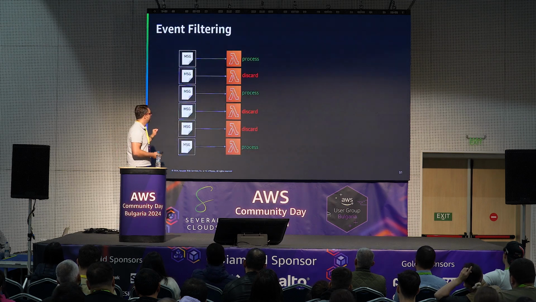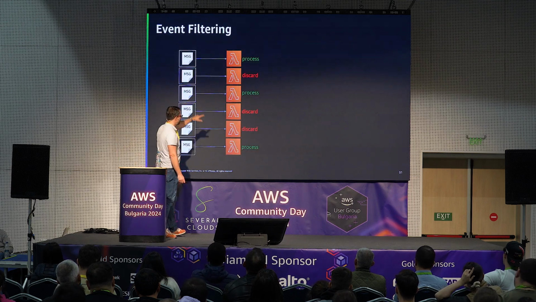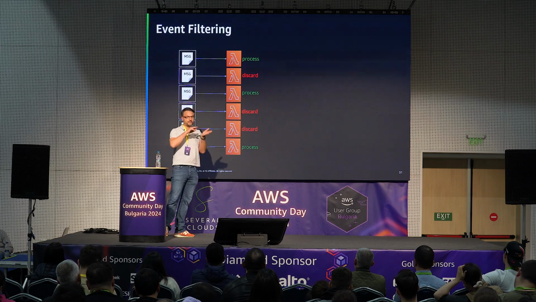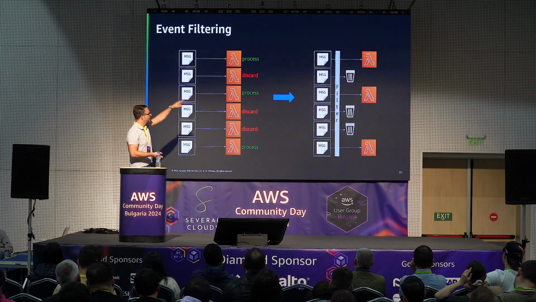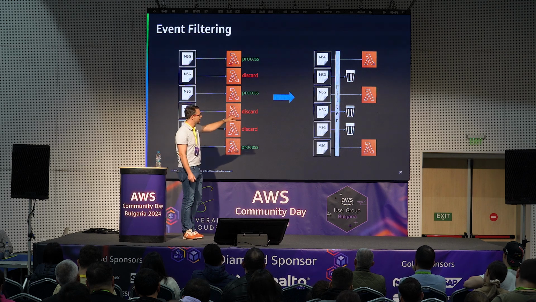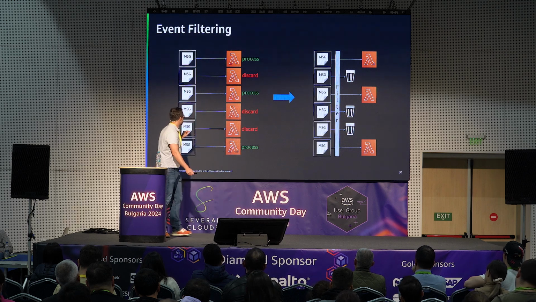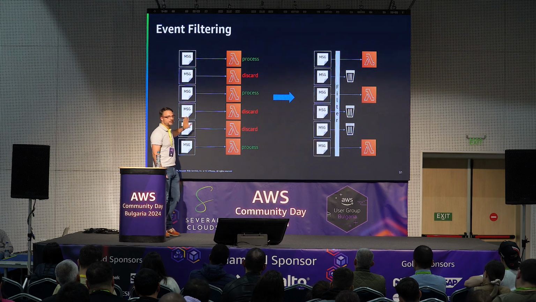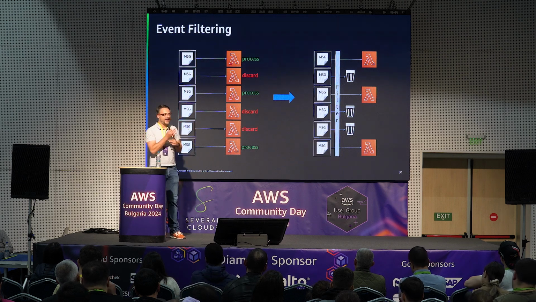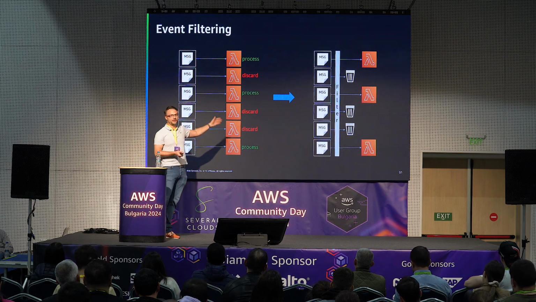And the good thing here is that now, if you use this filtering before invoking a Lambda function, essentially you will have fewer Lambda function invocations. And the best thing here is that this functionality comes free of charge. So you don't pay any extra if you discard all the messages.